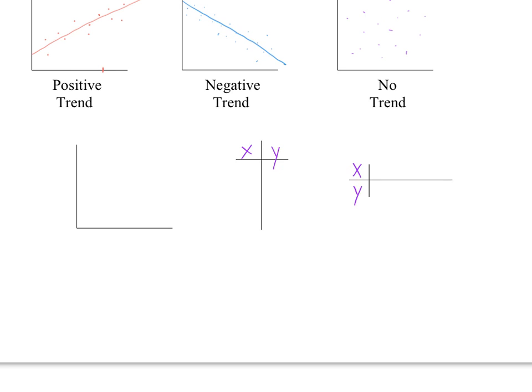Okay. In science class, you'll hear the words independent and dependent variables. Yeah, we already did. So the independent variable is your x and the dependent is your y. So in those cases, if they talk about independent and dependent variables in the math book or in science, you know which one represents which. So now when you get to a graph, the independent variable always goes on the x-axis, which is the horizontal one.